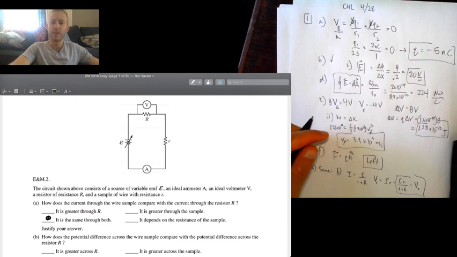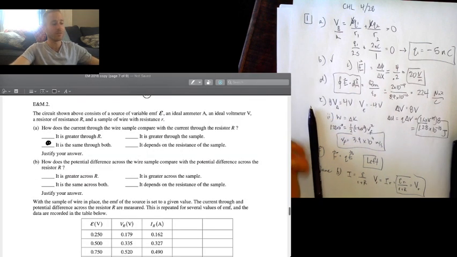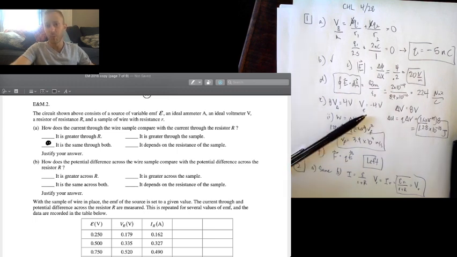And depending on the resistance of little r, this could be more than 50% of the voltage, or it could be less than 50% of the voltage. So I'm going to say it depends on the resistance of the sample. That's really the truth.